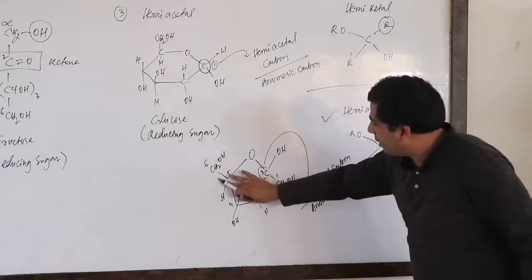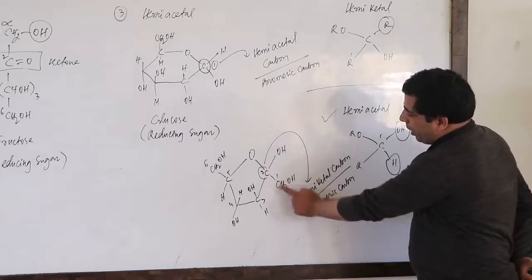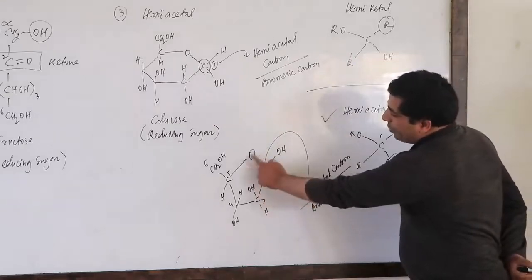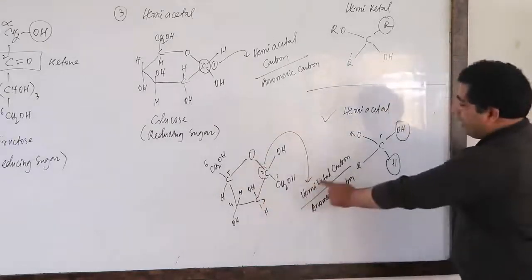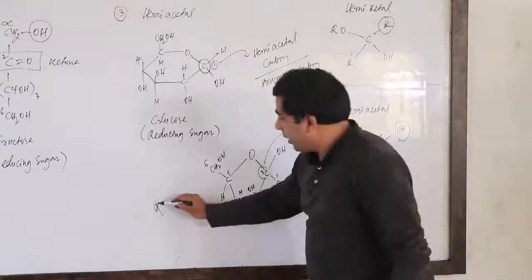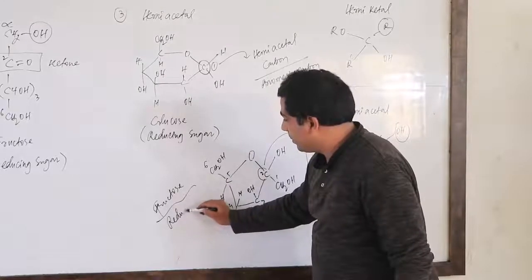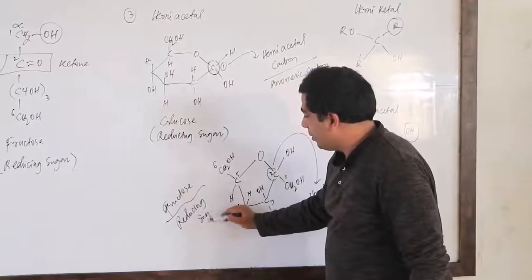So this is O and this is R. So here you have OH, R, R, and OR. So this is your hemiketal carbon, also known as anomeric carbon in fructose. So it will also be a reducing sugar. So fructose is also a reducing sugar.